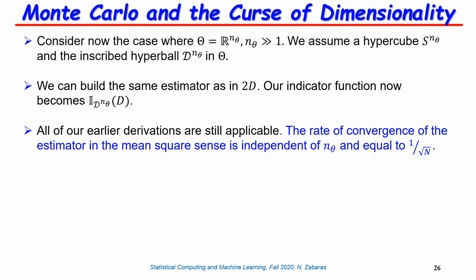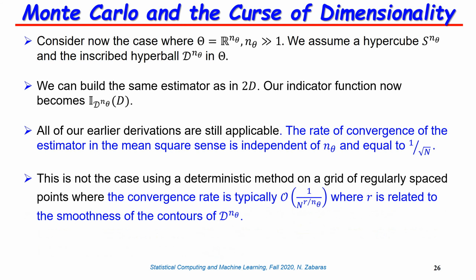and that is a very fundamental property of Monte Carlo estimation that you need to keep in mind. Now, if we were to do this problem deterministically by using a uniform grid in each of these n_theta directions, then trying to compute the volume of this hypersphere, it would give you a convergence that depends on the dimension of the space.